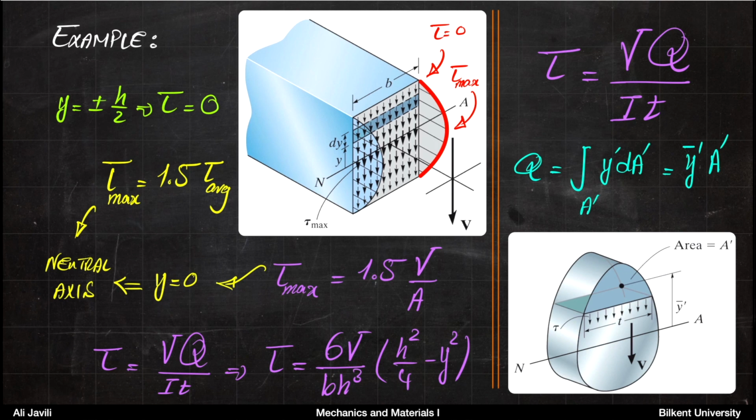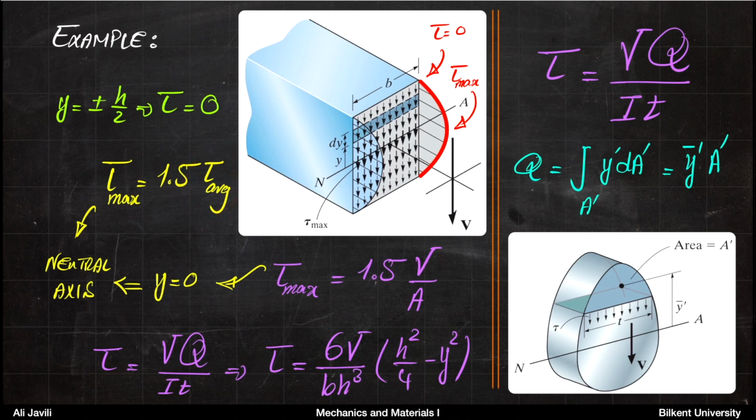And interestingly enough, you can see the maximum shear stress from the formula. If you set just y equals 0, h squared cancels with h squared here, and then bh would be your area. 6 over 4 is 1.5. So you can see that your tau max would be 1.5 V divided by A. Now, V divided by A, we call this the average shear stress until now.